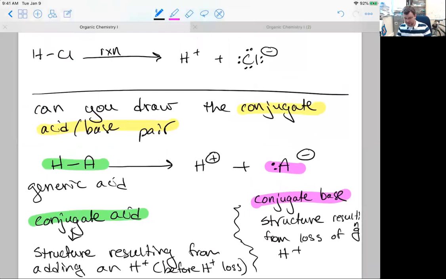So if you look, we have HA, that loses an H+ to give A-. The H+ is the thing that reacts with everything else, but it's A- that we define as the conjugate base. Understanding a conjugate acid and a conjugate base is super important for understanding acid-base reactions, which are probably the most important reaction that we can study on paper anyway.